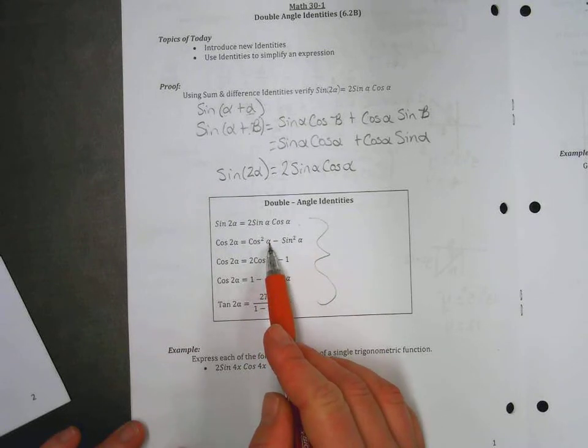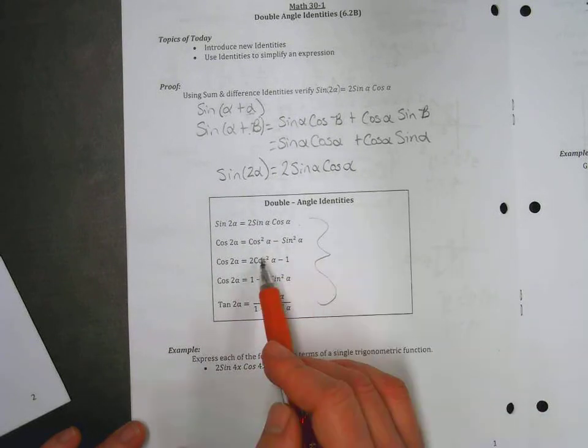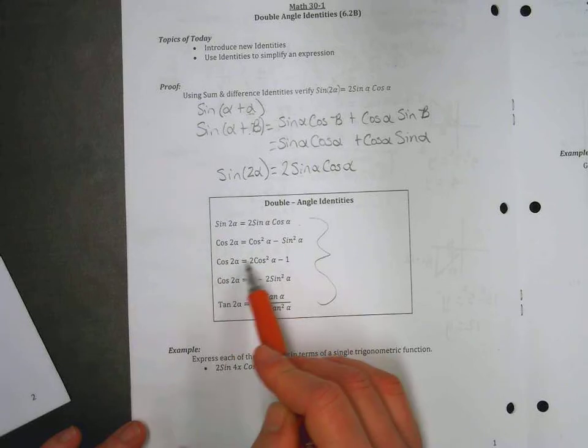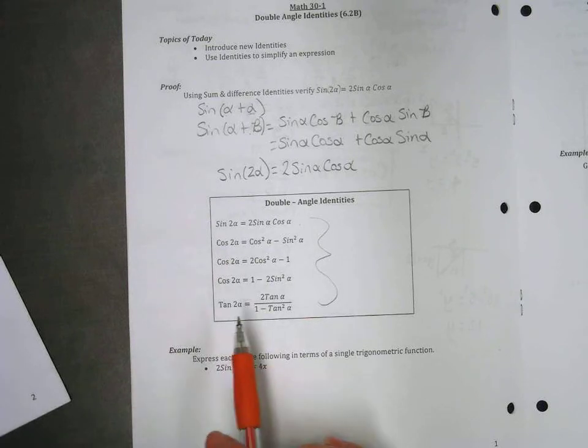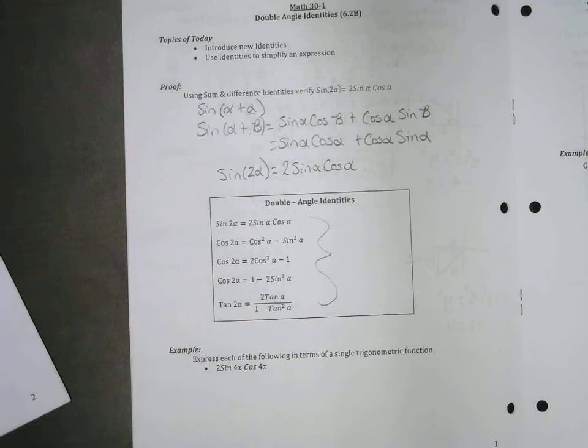So cos squared alpha minus sine squared alpha, 2 cos squared alpha minus 1, or 1 minus 2 sine squared alpha. And then our tangent identity is 2 tangent alpha over 1 minus tan squared alpha.